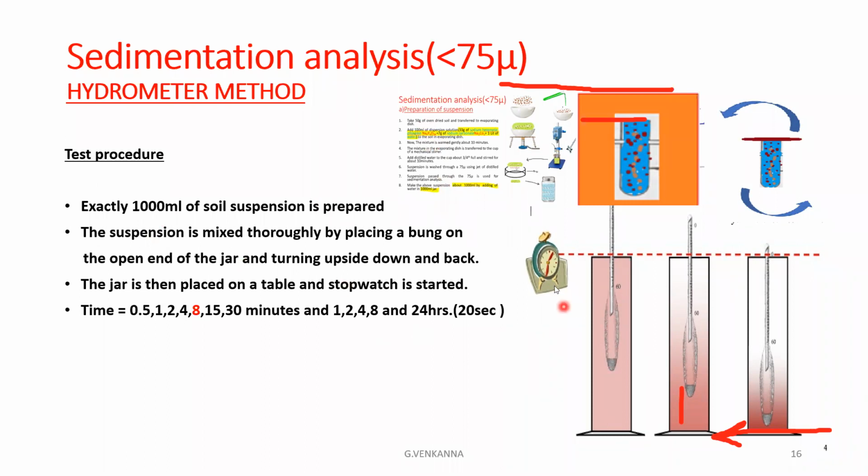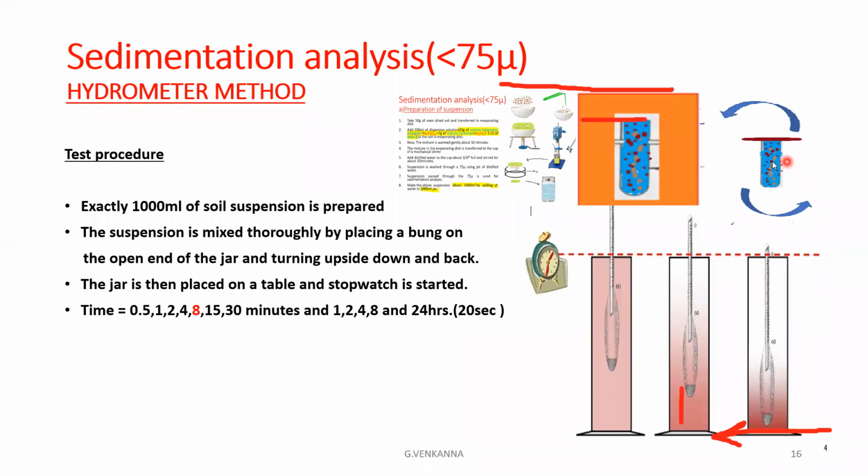Now the hydrometer is placed in this jar, and we note the time. Initially, we provide a rubber bung, keep the jar at a constant temperature of about 27 degrees, and turn the sedimentation tube up and down, like this.